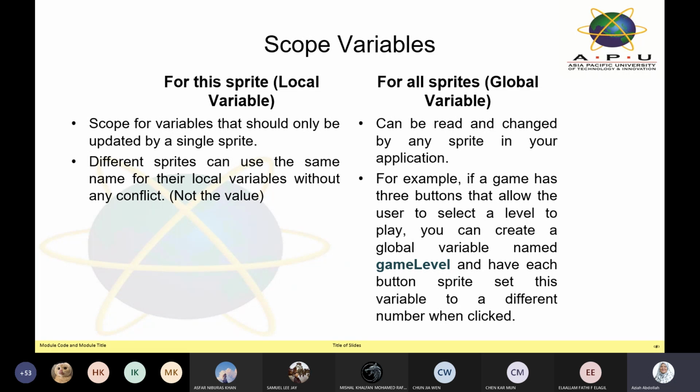So you set game level to 1 and broadcast when you click the level 1 button. Set game level to 2, and you broadcast when you click the level 2 button.